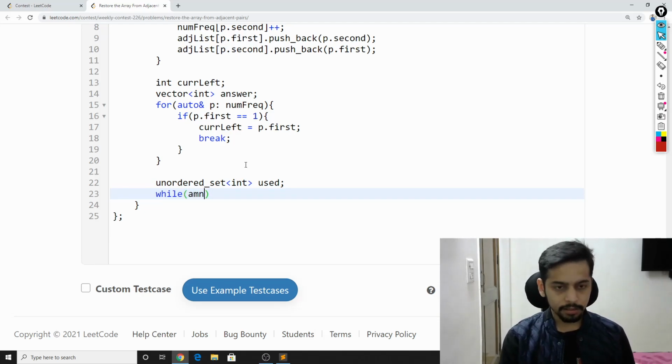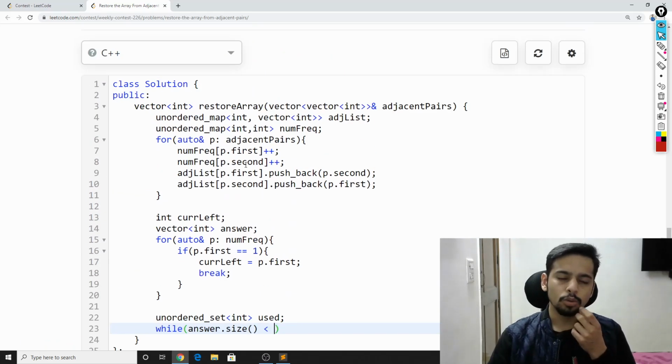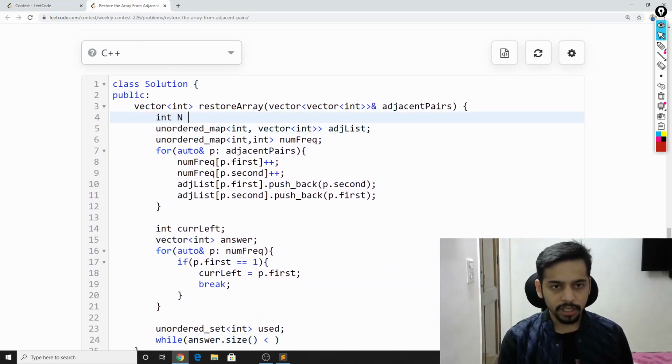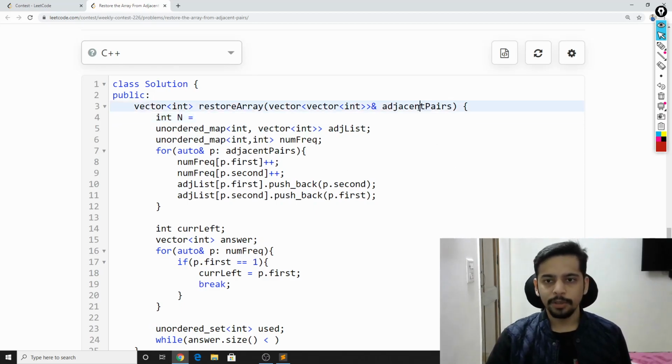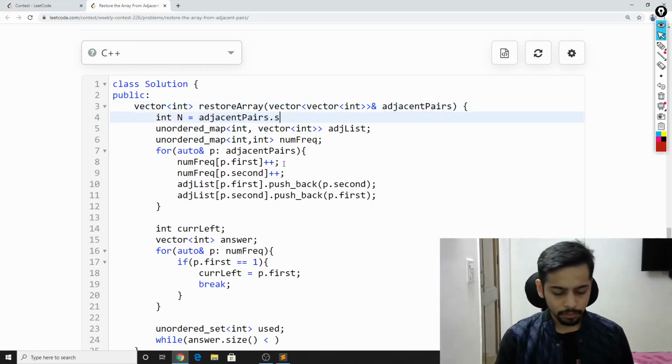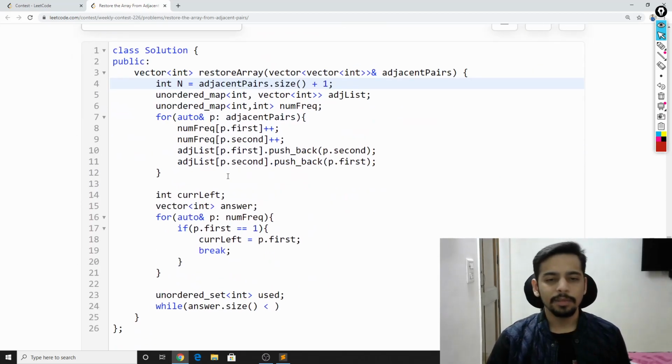While I've not added all the people into this answer vector, keep running this loop. While answer.size is less than equal to the number of elements that I have, so integer n equals to adjacent pairs.size, I think +1. Yeah, I guess so.